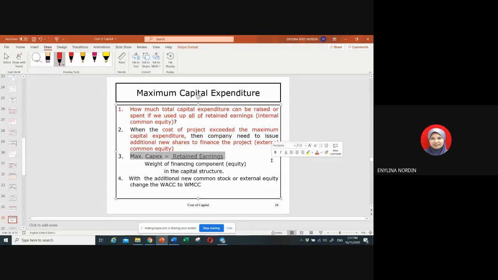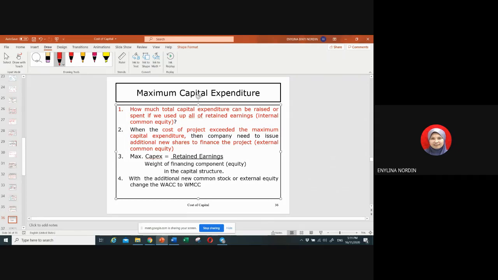You will divide the retained earnings of the company that are available for the new project by the weightage of the financing relating to the particular component here, which is common equity, the equity component, in other words.